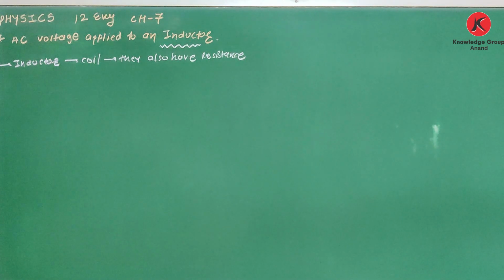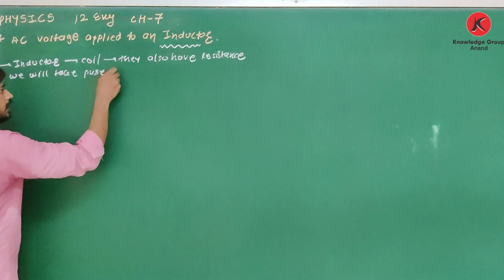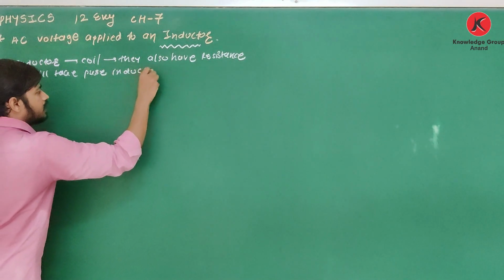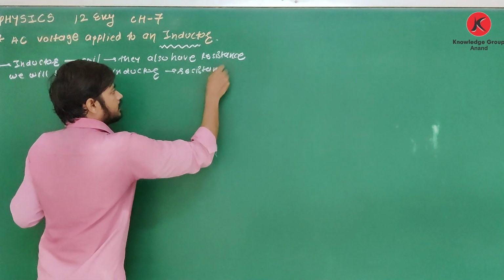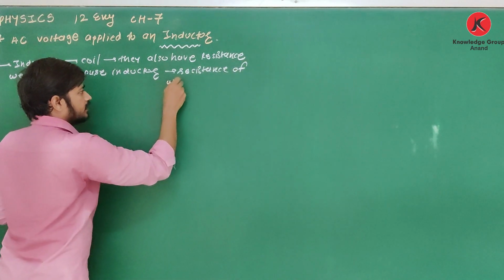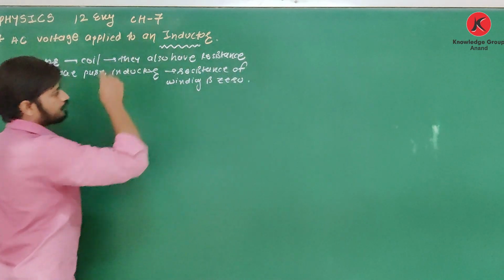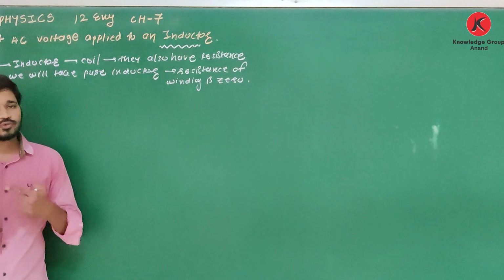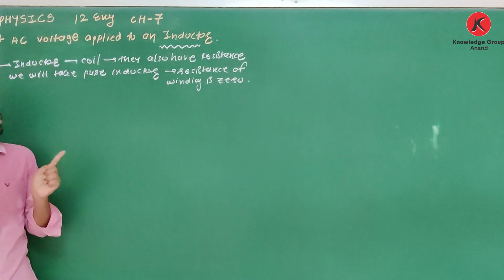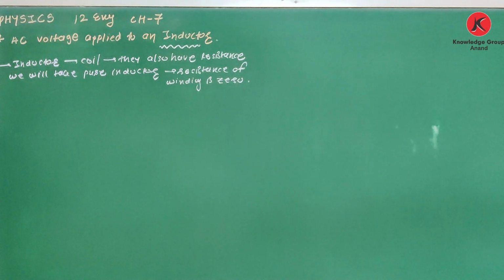But here we will take a pure inductor. In a pure inductor, the resistance of the winding we have to consider 0. Clear about this? Inductor is nothing but a coil, and coil means winding. It has resistance, but for a pure inductor, the resistance of winding is 0, so it is said to be a purely inductive circuit.